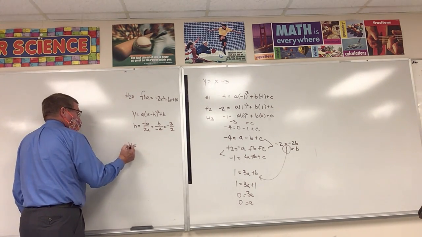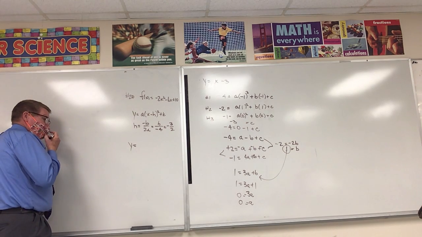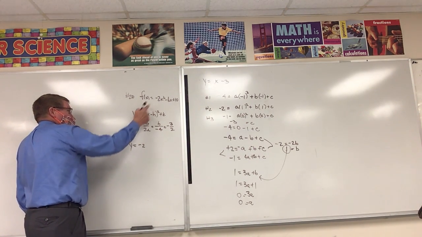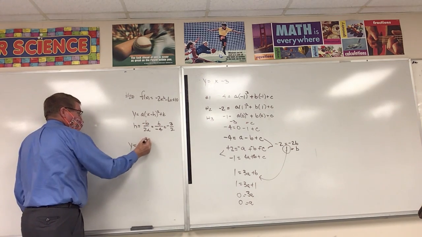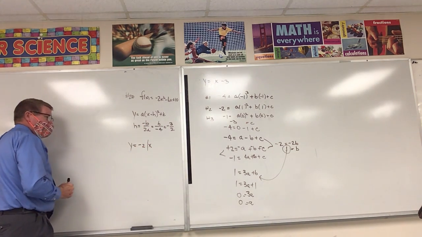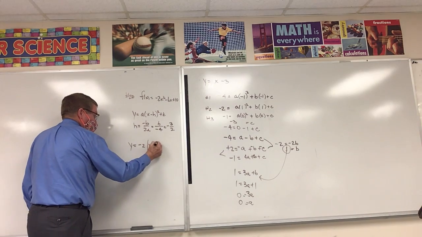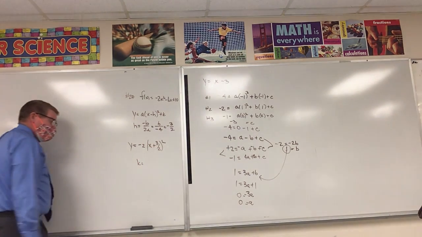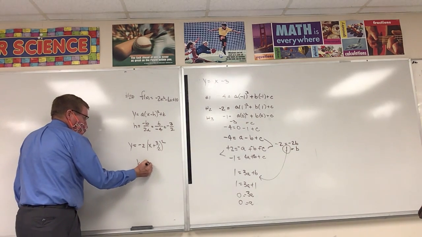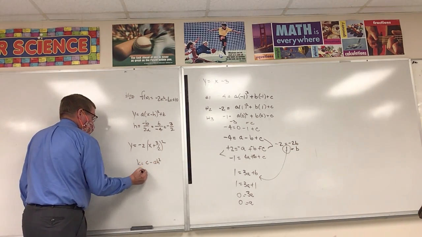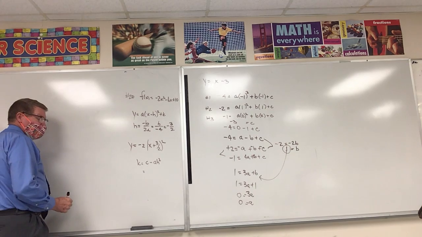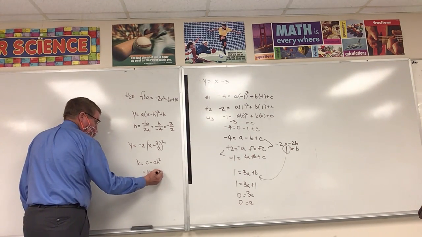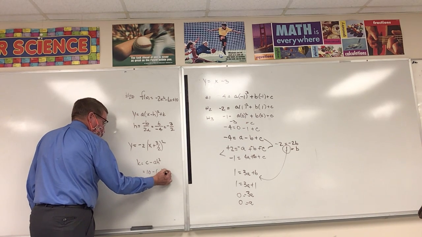So I got y equals, what's my a? Alright, remember my a's in both equations are always the same. x. So how do I find my k? What's my c? My a? And my h.